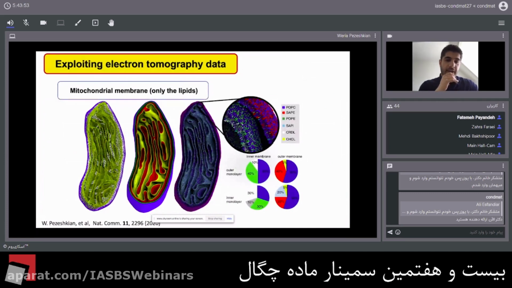Okay, and then another one was, let's add more experimental data into computer simulation, especially molecular-based computer simulations. This is a realistic mitochondrial structure obtained from cryo-EM electron tomography.